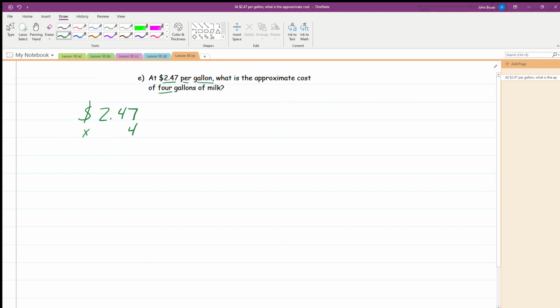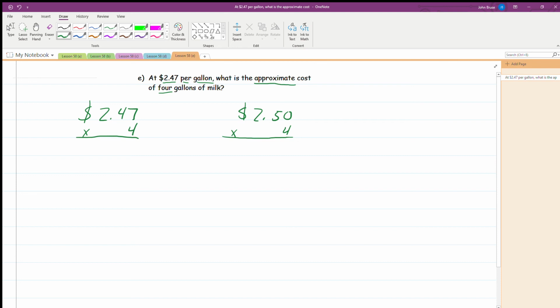We could solve that, and that would give us an exact amount. But it says right here an approximate cost, so we don't need to find out the exact amount. We can do a rounding. We can round. So $2.47 is really close to $2.50. Well, I can then multiply $2.50 times 4, which is a little easier than $2.47 times 4.